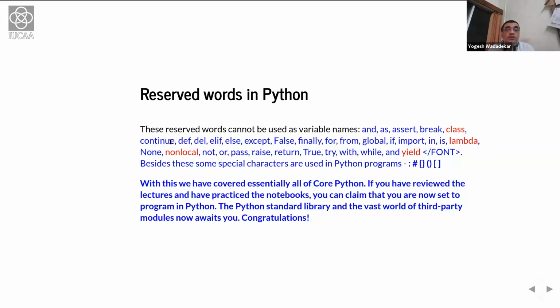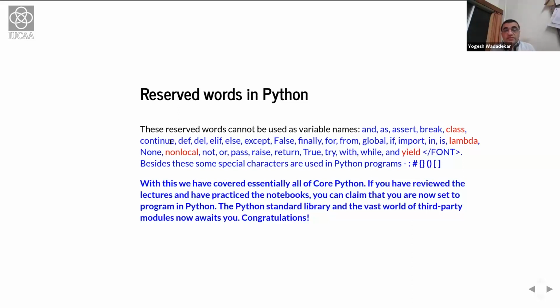So if you have reviewed the lectures carefully and you have practiced changing the code in the Python notebooks, you can claim now that you are set to program in Python. Of course, becoming an expert programmer is going to be a long journey. And we are going to get you started on that journey over the next 5 lectures and in the 2 tutorials that are to follow.